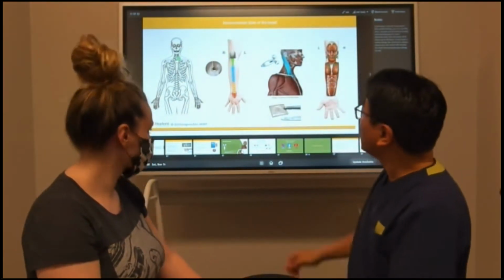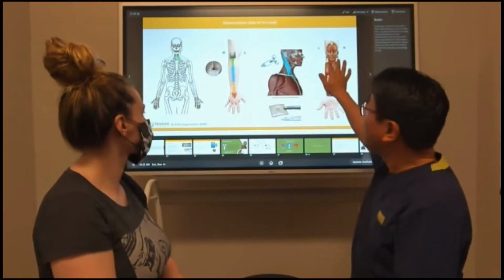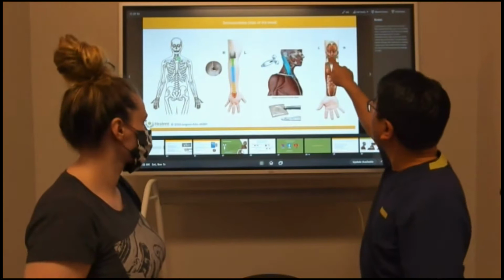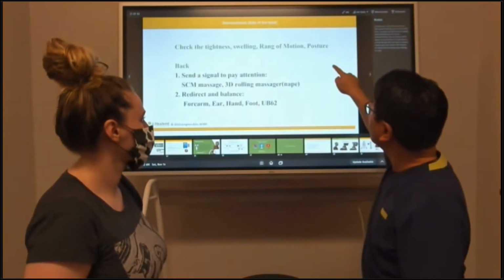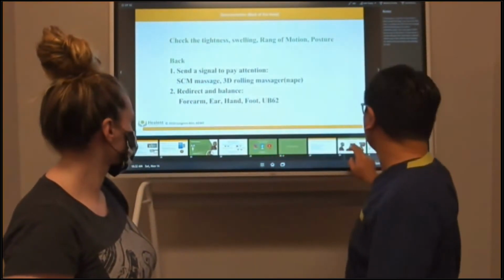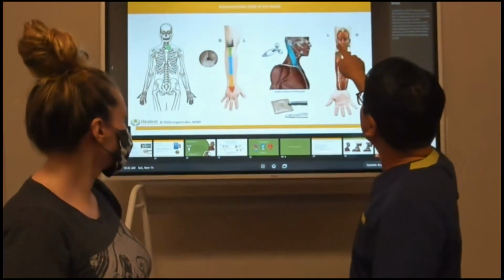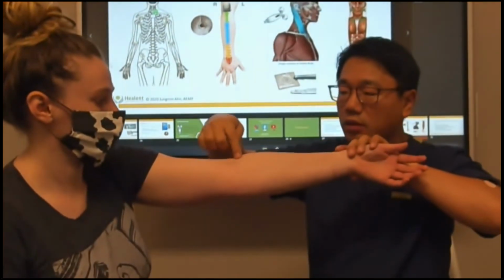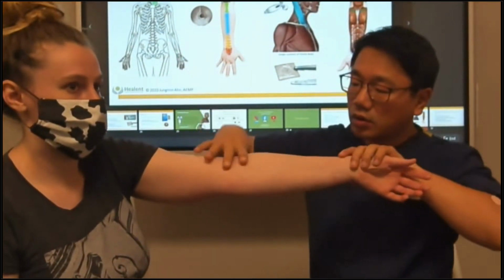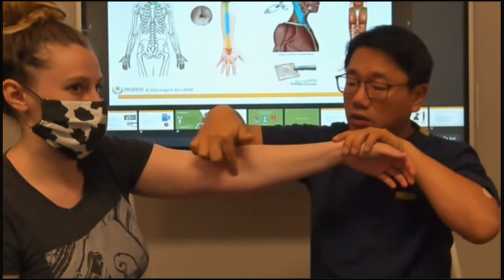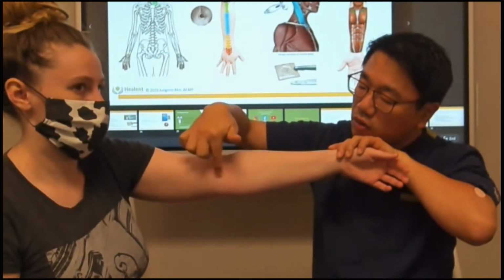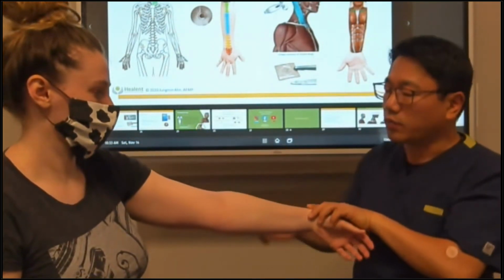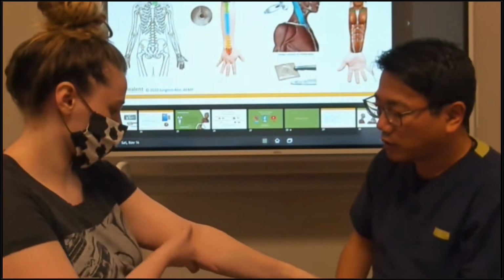All right. And this is covered, but the SCM is right here to here, here to here. So find a point around here, and that's the SCM muscle. And then please find any tender point there.